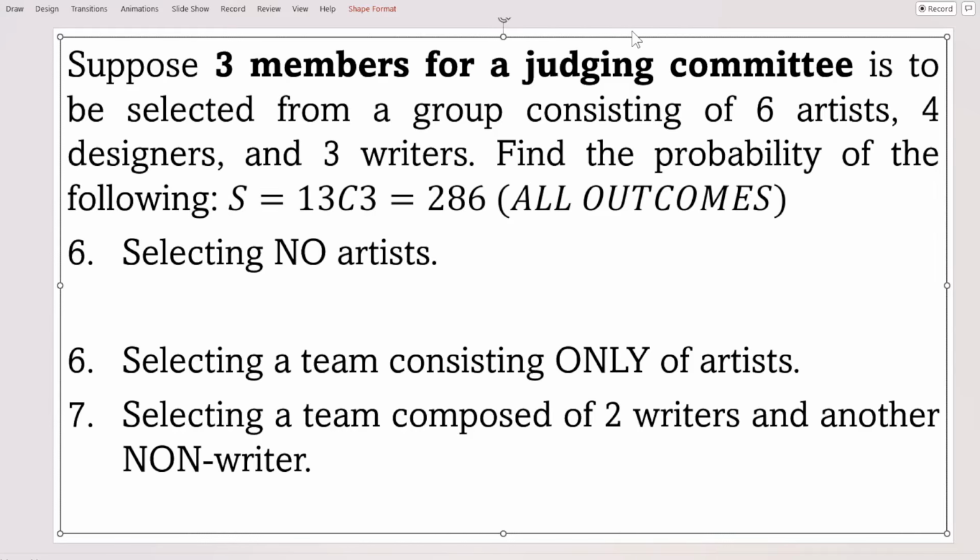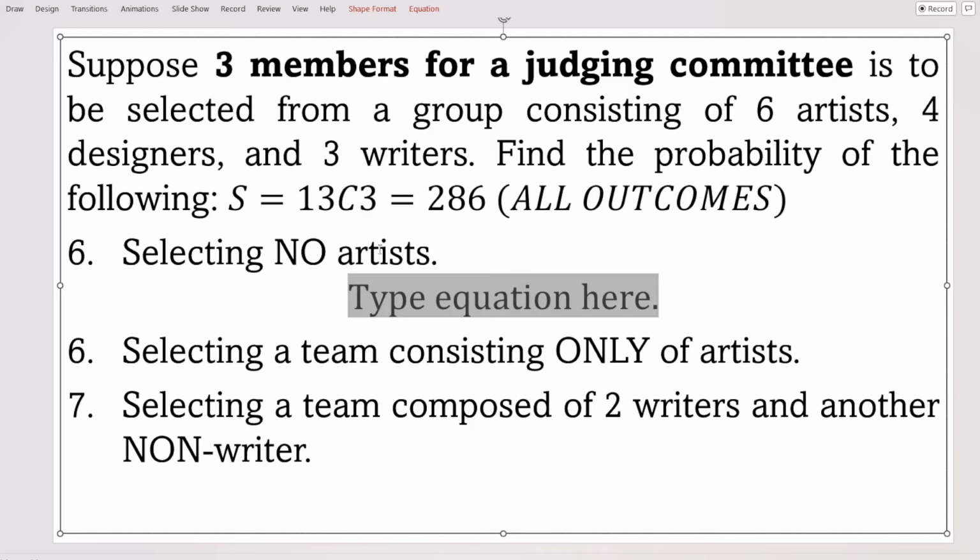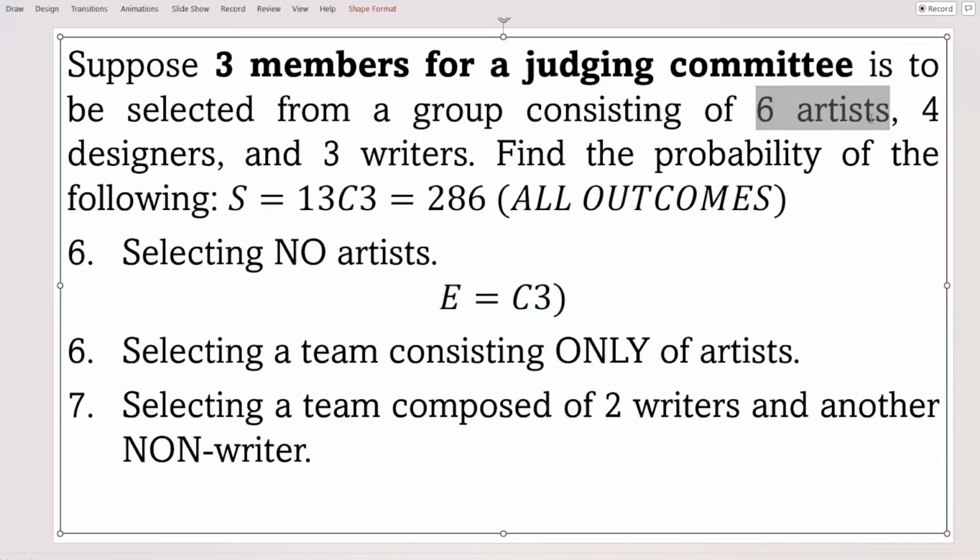When we select no artist, we still make 3 spaces. This is still a combination problem. The difference now is that we will not count the 6 artists, because that is our condition.